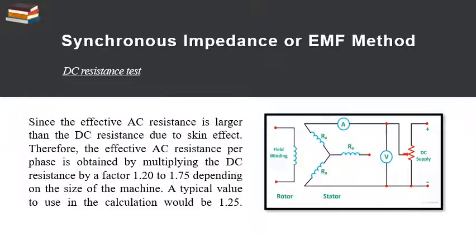Since the effective AC resistance is larger than the DC resistance due to skin effect, the effective AC resistance per phase is obtained by multiplying the DC resistance by a factor of 1.20 to 1.75 depending on the size of the machine. A typical value to use in the calculation would be 1.25.